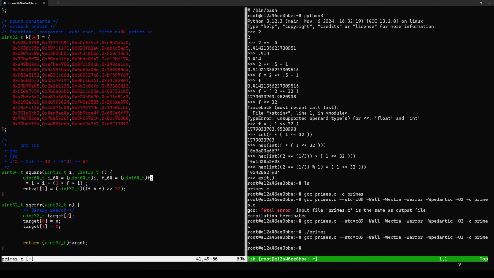We'll get R64. We'll initialize that to 0. Okay, so R64, we will add that, which is an integer number represented as something huge, right?